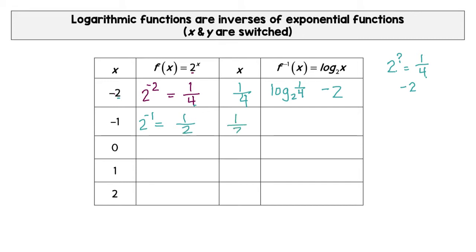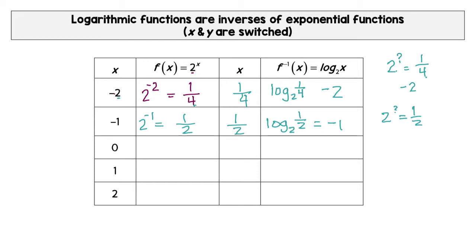So if we say 1/2 is the x value, log base 2 of 1/2, well, that's going to give me -1. That's saying 2 to what power gave me 1/2? Well, 2 to the -1 gave me 1/2.